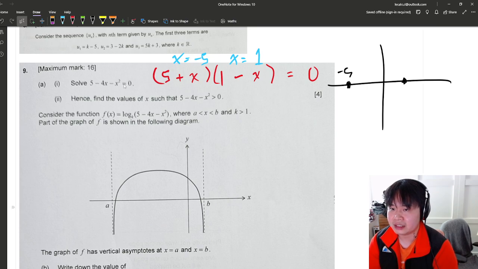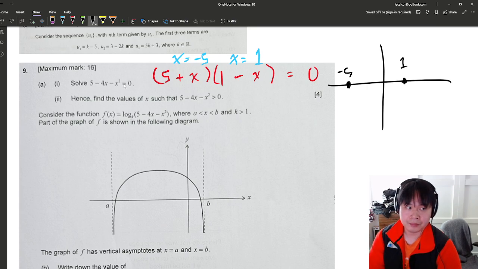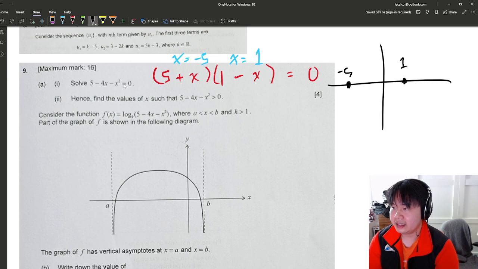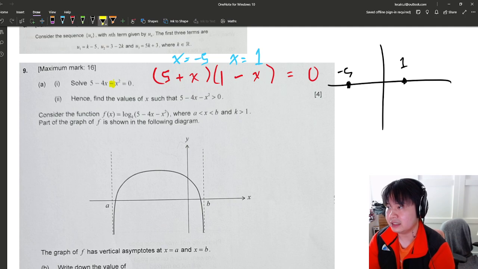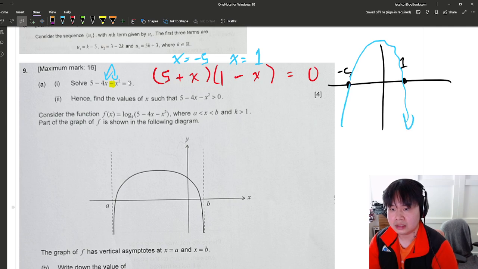We have an x-intercept here at positive 1. And then our leading coefficient is a negative 1 in front of the x squared. So this also tells us the direction of the opening of our parabola. So this opens down. So, woo, like that.